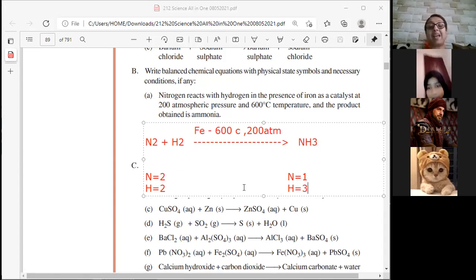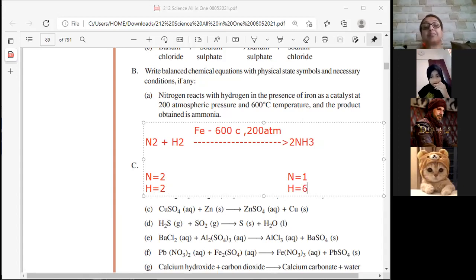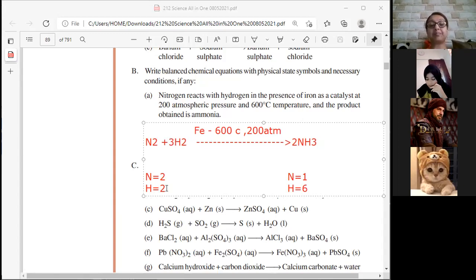Now what am I supposed to do? First, let me balance H. If I try to balance H, that means I can write a 2 here because 2 multiplied by 3 becomes 6. Let me write 3 here. What is 3 multiplied by 2? 6. Okay. Now just check N. Because I wrote 2 there, now what does N become? 2.